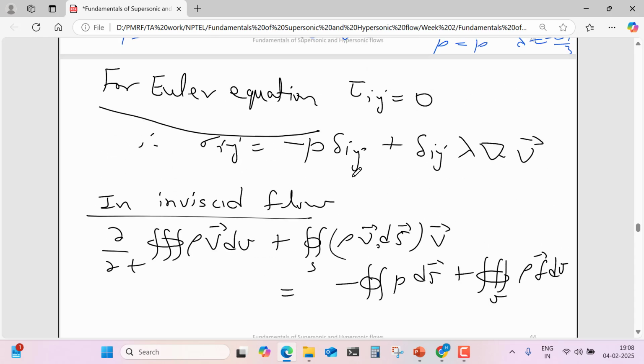For inviscid flow, this lambda will be 0. So our equation will become dou by dou t triple integration rho v vector dV plus double integration rho v vector dot dS v vector equal to minus double integration p dS vector plus triple integration rho f vector dV.